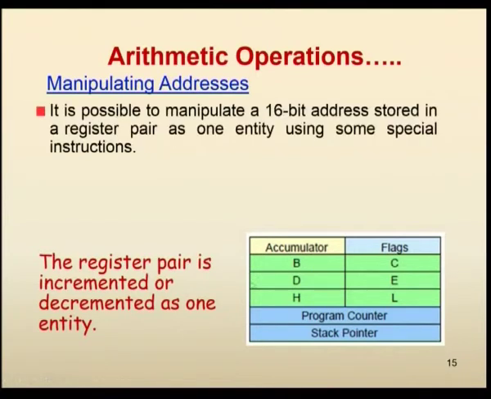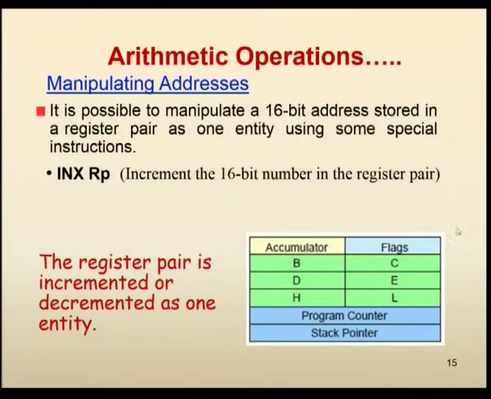Therefore, it is possible to manipulate this register pair as a 16-bit number. Contents of this can be treated as a single 16-bit number and they can be incremented or decremented. The instruction to treat them as a 16-bit number and then increment or decrement is INX. IN is increment, and X means extended.